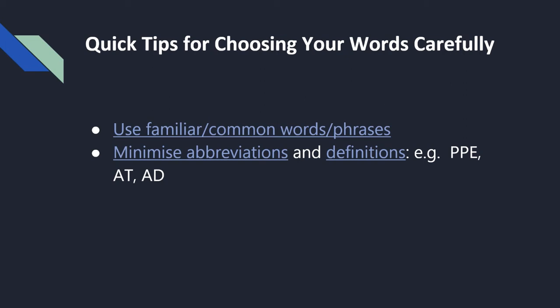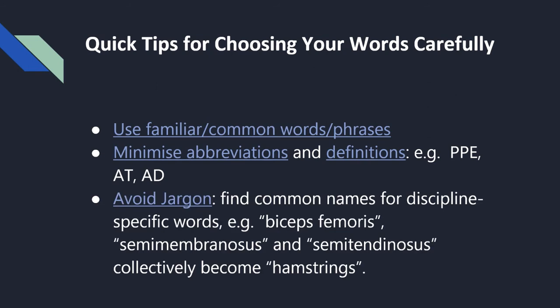Including these in your writing is just going to slow your reader down. Third, avoid jargon. You want to find common names for discipline-specific words. In our example, the muscles biceps femoris, semimembranosus, and semitendinosus are just going to collectively become the hamstrings.